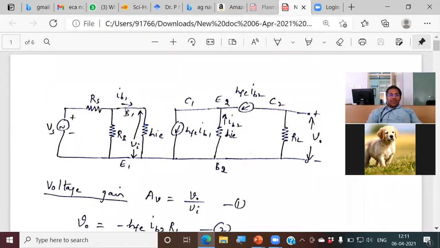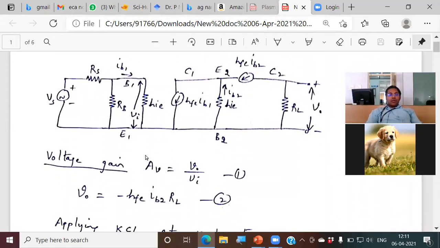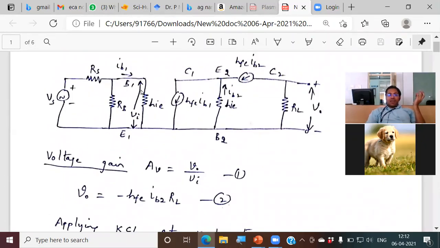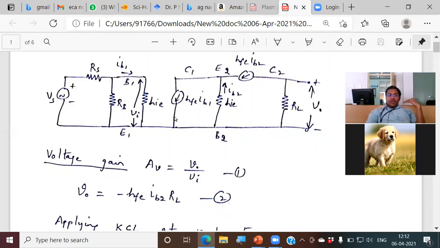IB into HIE, very good. IB1 into HIE is Vi. So V0 I got in terms of IB2, and Vi I am getting in terms of IB1. So I need to get the relation between IB1 and IB2. Then I can get my AV expression, because V0 is in IB2 and Vi is in IB1. If I get the IB1, IB2 relation, then I will get the expression for voltage gain.